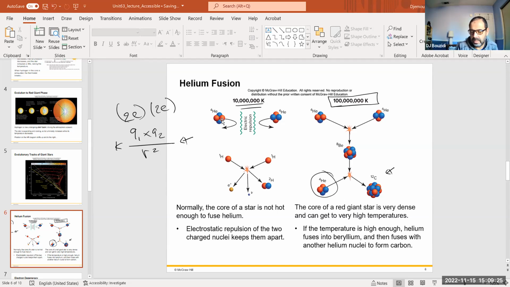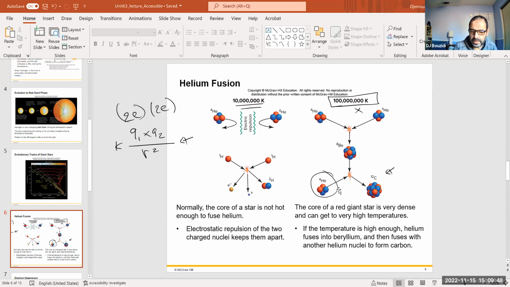You're not fusing hydrogen anymore at these high temperatures. Helium is now part of the process where it's going to fuse. The temperature has increased enough so that the helium starts to fuse itself, forming, among other things, carbon, because potentially you can even form oxygen using other combinations in here, okay?